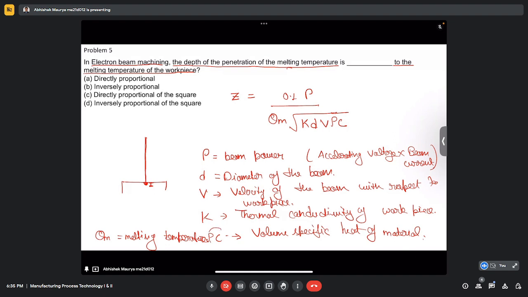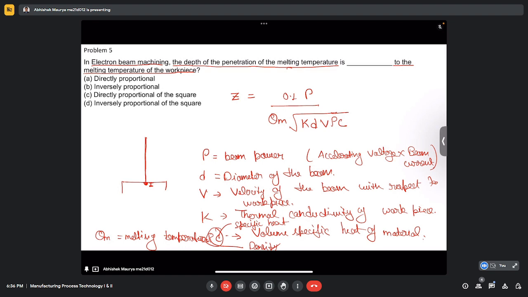So rho c basically it is the multiplication of density and the specific heat. So rho is the density of the material and c is the specific heat, and their multiplication is called volume specific heat of the material.